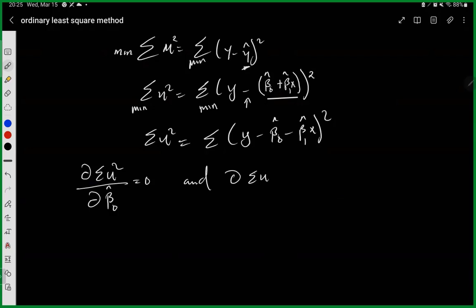So we have beta naught hat there and also beta 1 hat. These notations are important: the hats are important just to show that this is an estimated model.